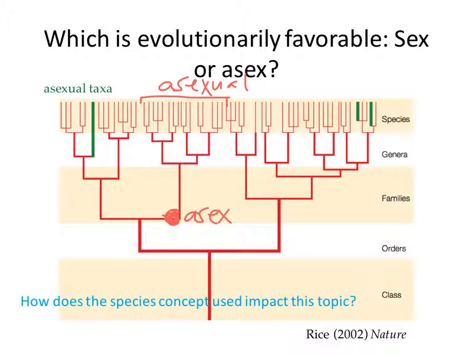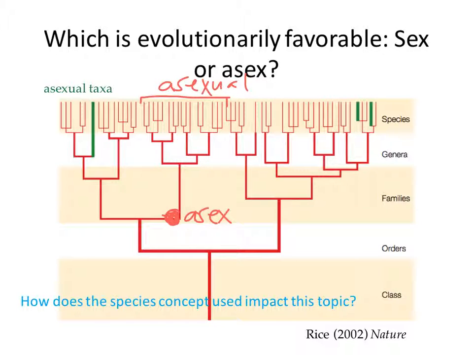So which one was the biological species concept? How do you test whether two individuals are members of the same biological species? Yeah, if they're able to mate together. So what if you're one of these neotenic annelids that reproduce by paratomic fission?